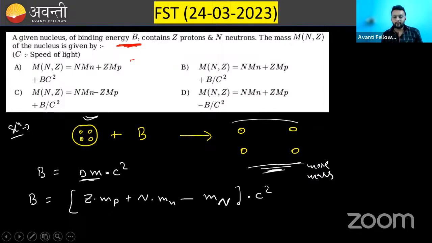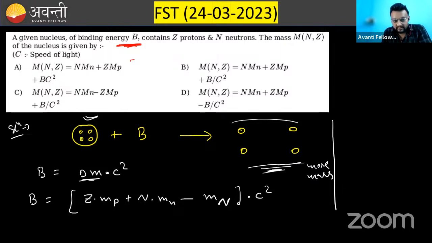Is everything clear till now? What we have written, the mass defect into C square, is equal to binding energy. Now you can transfer this C square here and you need to calculate the mass of the nucleus.